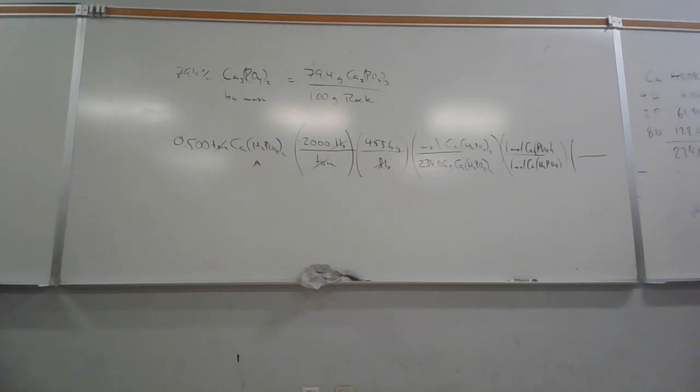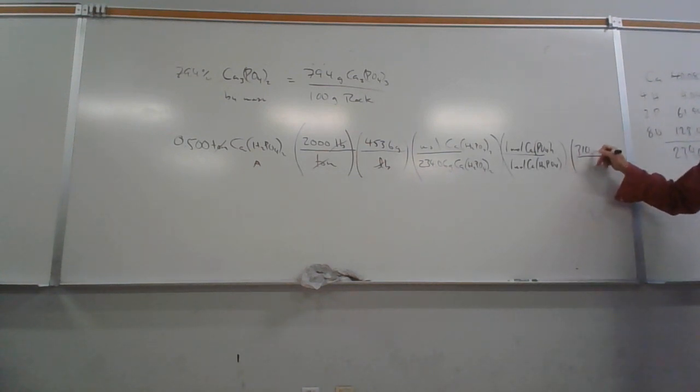So I'm going to have 120.24 plus 61.94 plus 128. 310.18. 310.18 grams of pure calcium phosphate, Ca3(PO4)2, per mole.